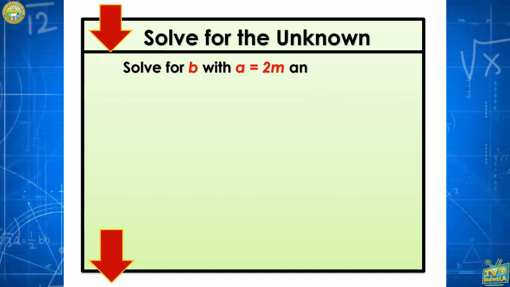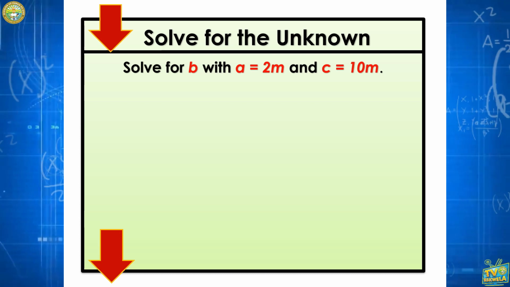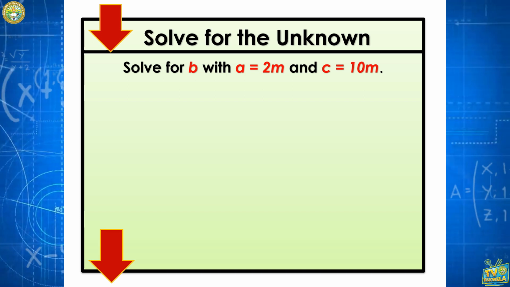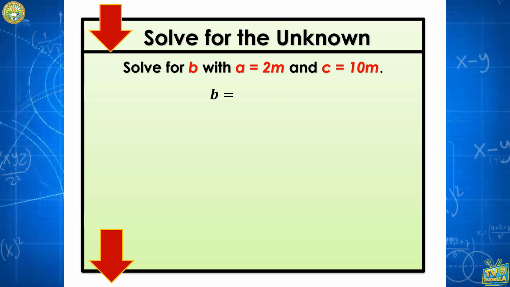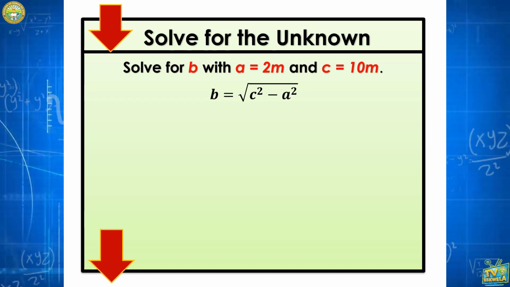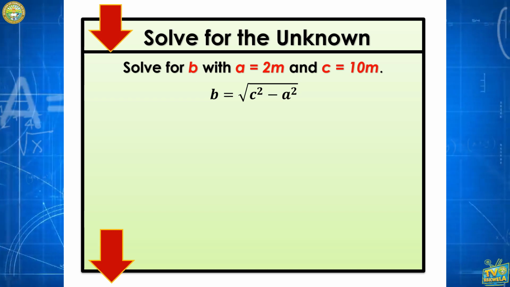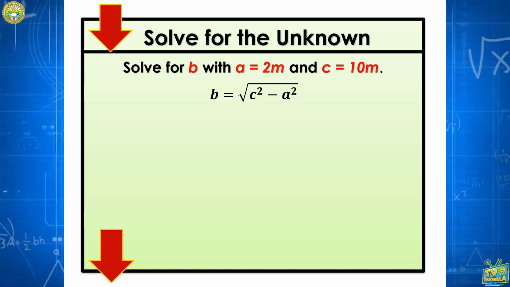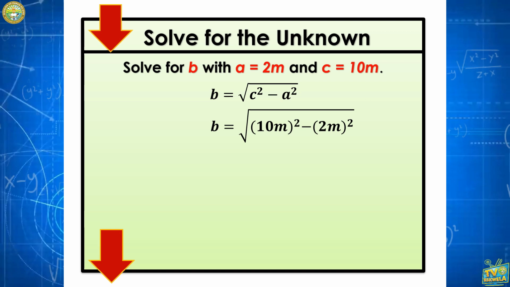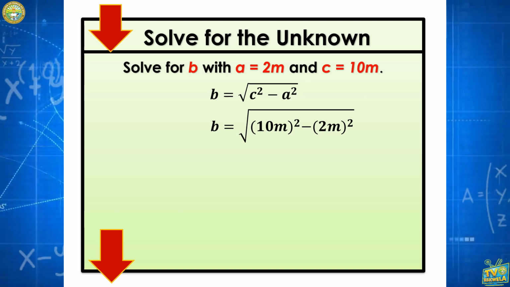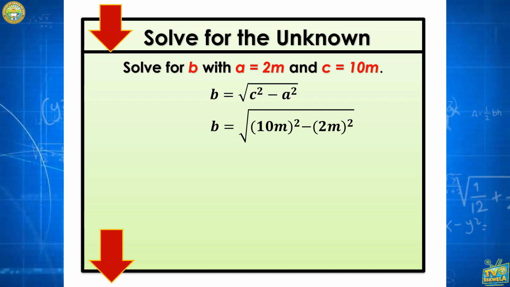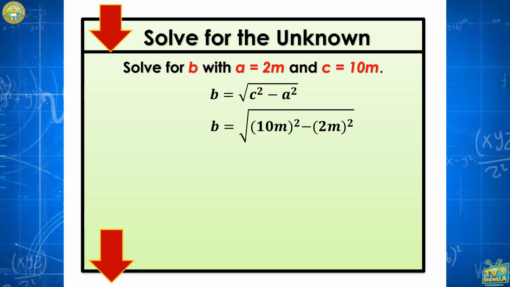Now, solve for B with A equals 2 meters and C equals 10 meters. Substitute the given values to the derived formula. B equals square root of C squared minus A squared. So, B equals square root of quantity 10 m squared minus quantity 2 m squared.